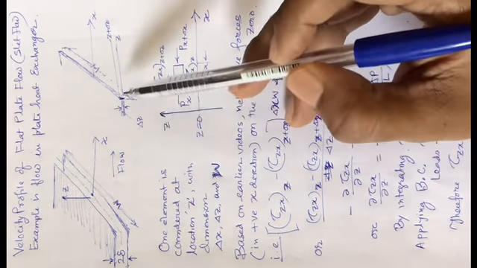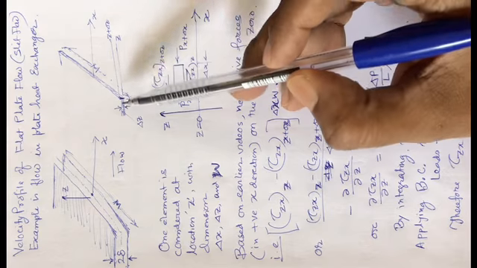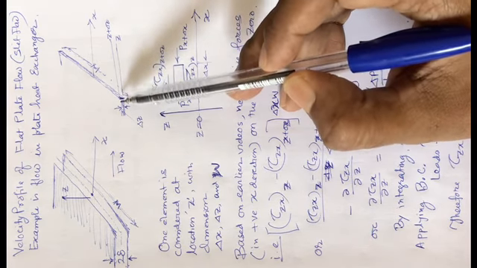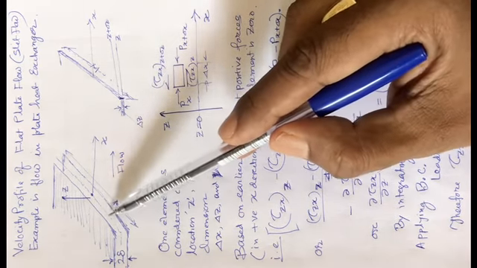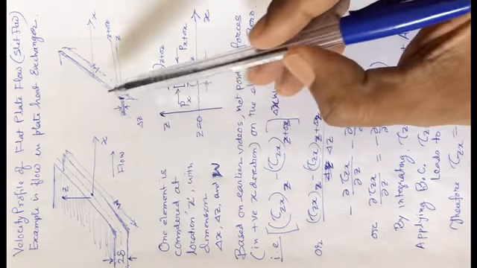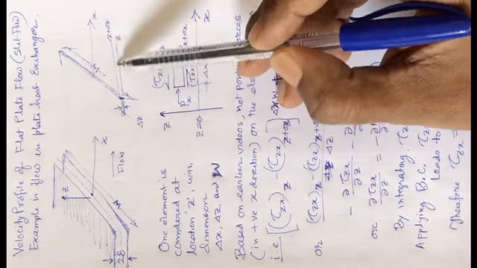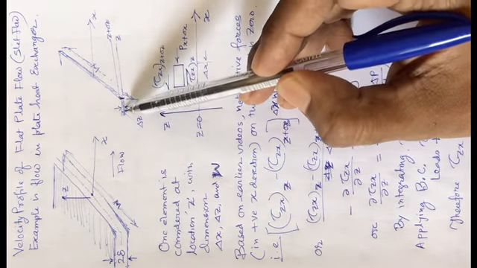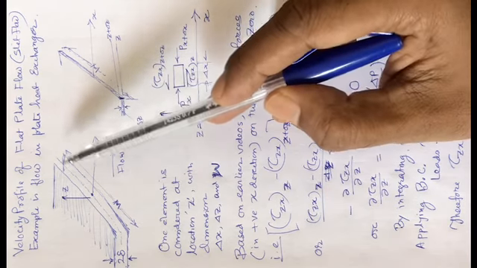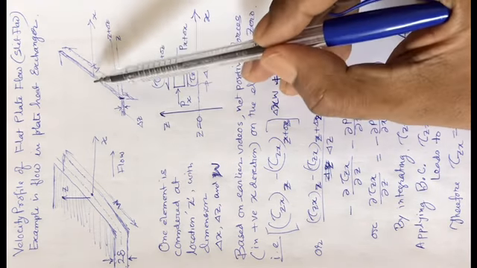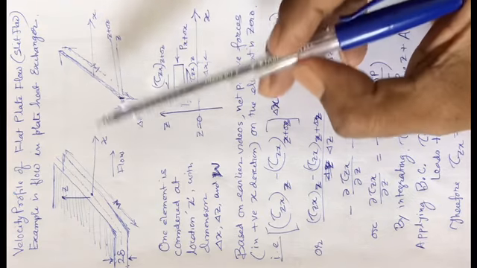For this analysis, let us consider not the whole layer of fluid but a very small layer whose thickness is delta z, while its width remains W, and it is moving in the x direction.